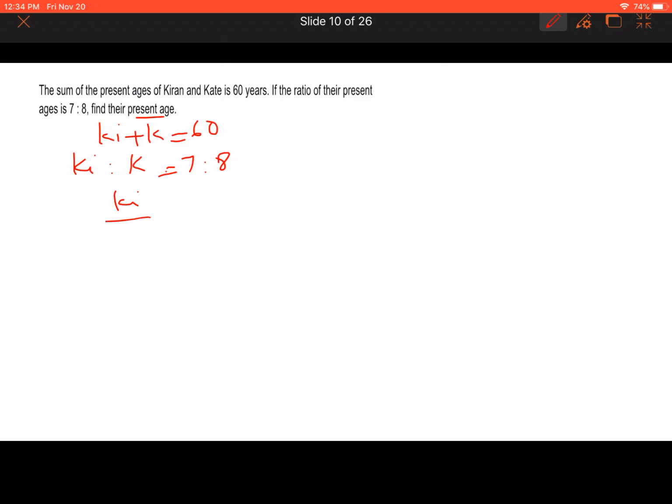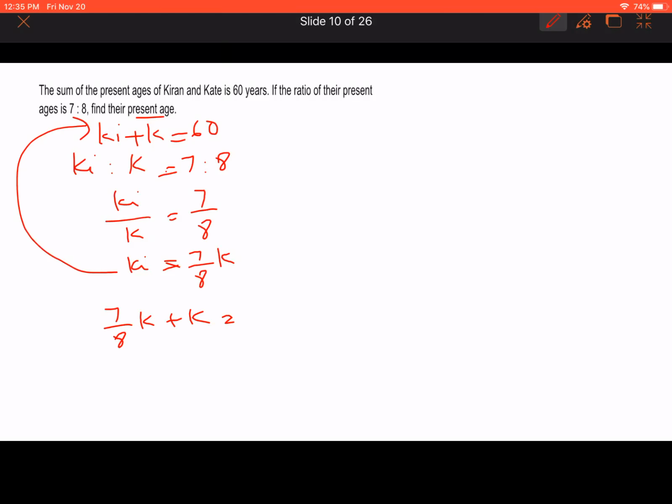Kiran, nothing but the ratio can be represented like this, right? So now Kiran is equal to 7/8 age of Kate. Now we substitute this in this equation. So 7/8 of Kate plus Kate is equal to 60.